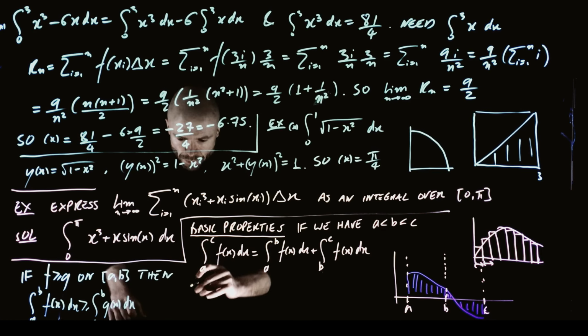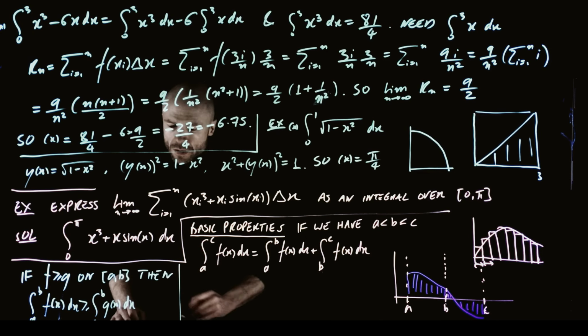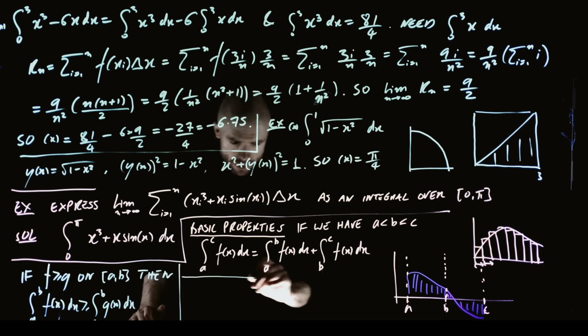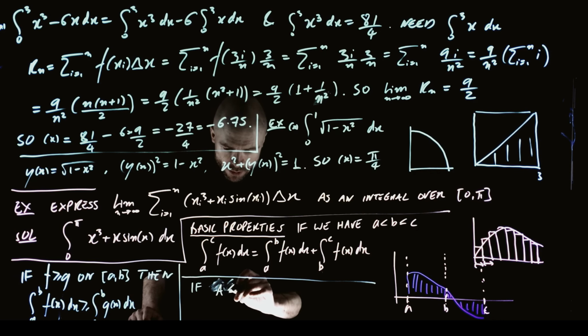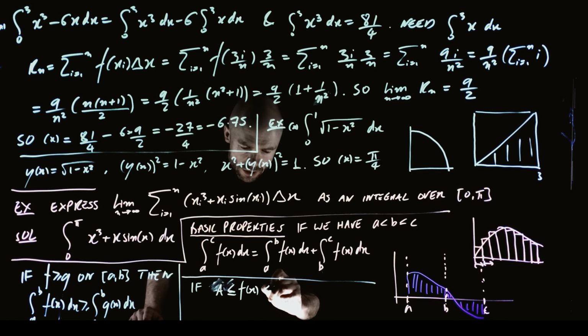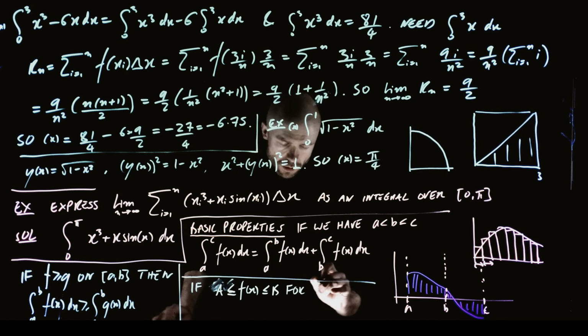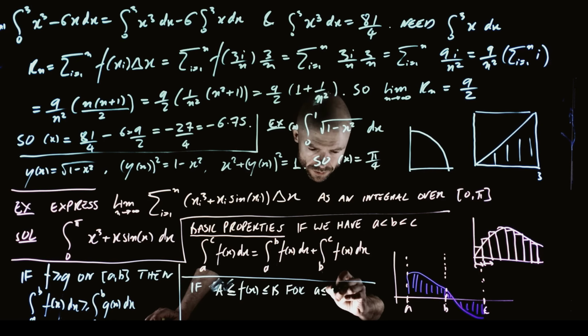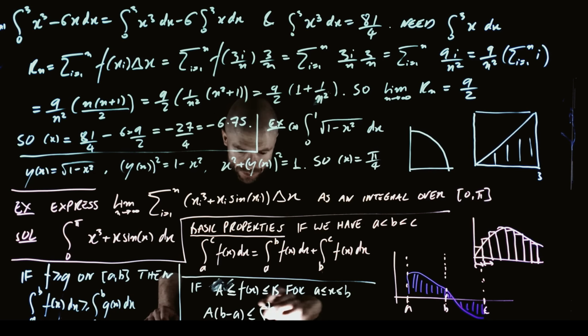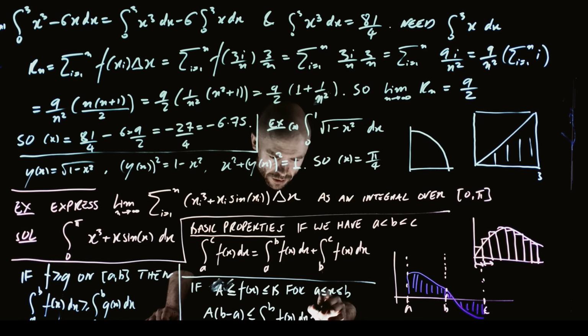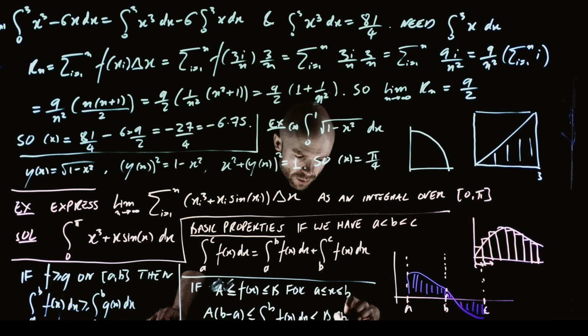And this has the corollary that if we have capital A is less than or equal to f of x, which is less than or equal to capital B, for x between a and b, then capital A times (b minus a) is less than or equal to the integral from a to b f of x dx, which is less than or equal to capital B times (b minus a).